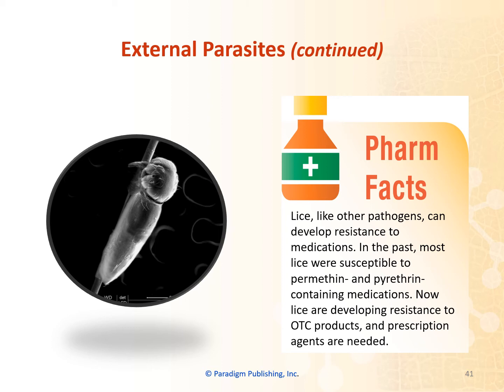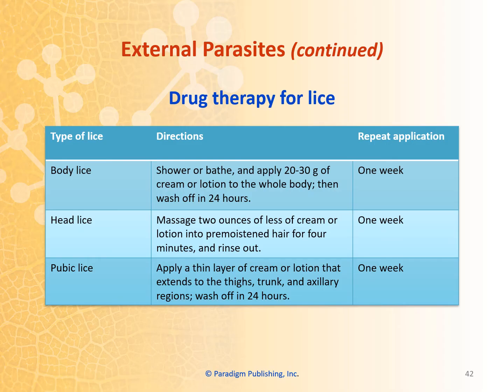Lice and other pathogens can develop resistance to medications. In the past, most lice were susceptible to permethrin and pyrethrin, which are in a lot of lice shampoos. Now lice are developing resistance to over-the-counter products, and prescription agents are needed. There's different drug therapies for lice, depending on what type of lice you have.